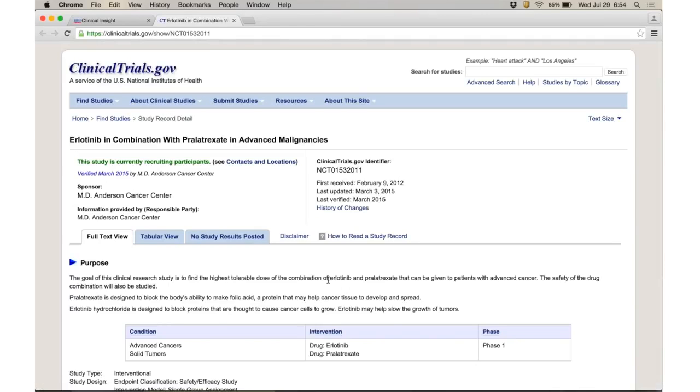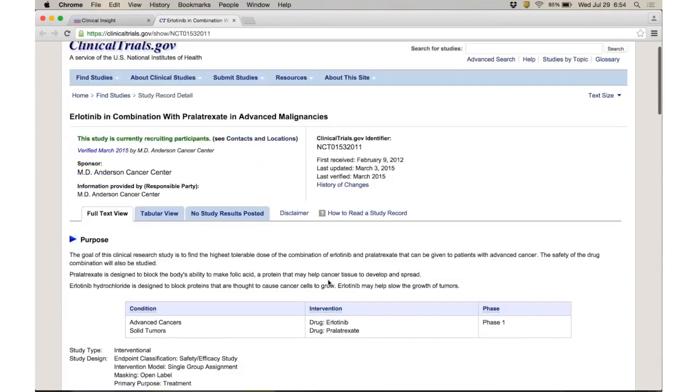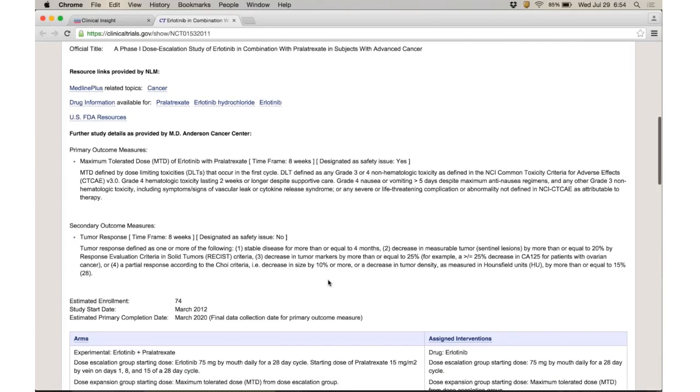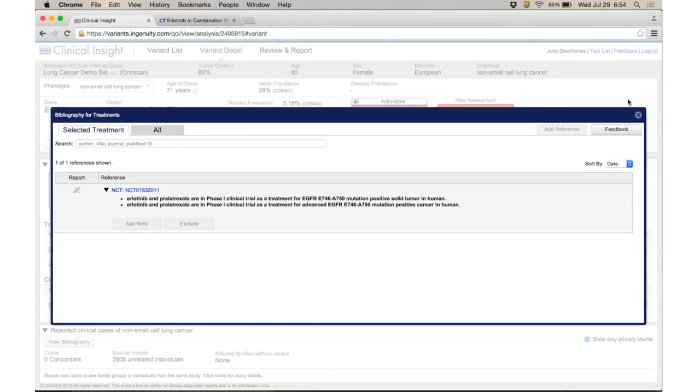And by clicking one more time on the blue line, I will get directed directly to the clinicaltrials.gov information. So within 2 clicks, I can go look at the record and start deciding whether or not this clinical trial is meaningful for my specific sample.